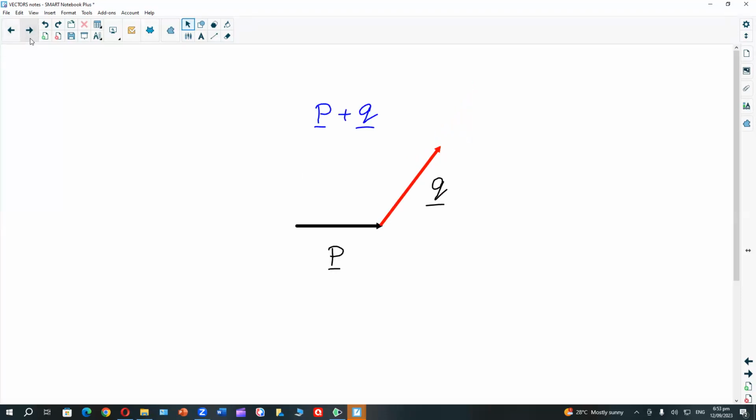Look at the first approach: P plus Q. You can look here, the vectors are added head to tail. Is it right? Vectors are added head to tail. Yes. Good. So copy this.